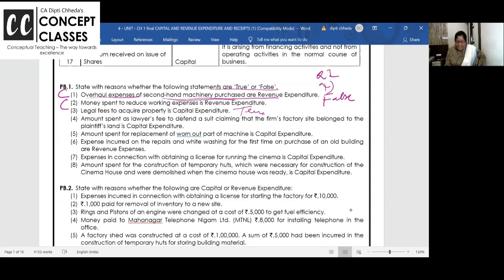So whatever legal fees, actually legal fees is a revenue expense. But this time legal fees I am incurring to acquire a property. So this is which expenditure? Capital expenditure. Okay? Problem number 3's answer.